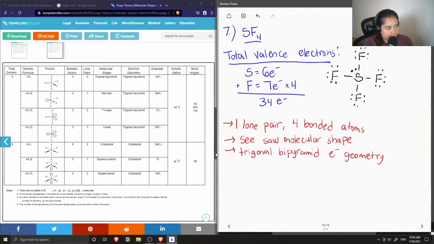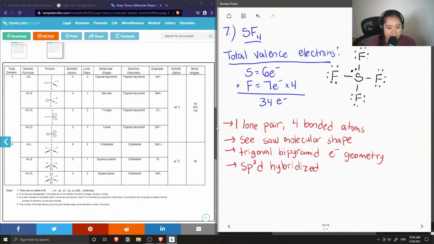This chart can also show us the hybridization. So it is sp3d hybridized. Another way we can find out its hybridization is by counting the number of charge clouds. Charge clouds can be the lone pair and also the bonded atoms.